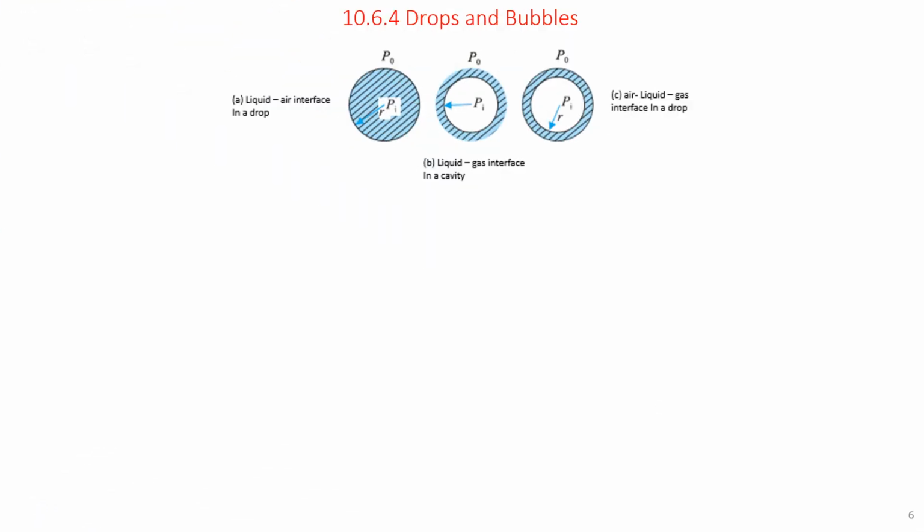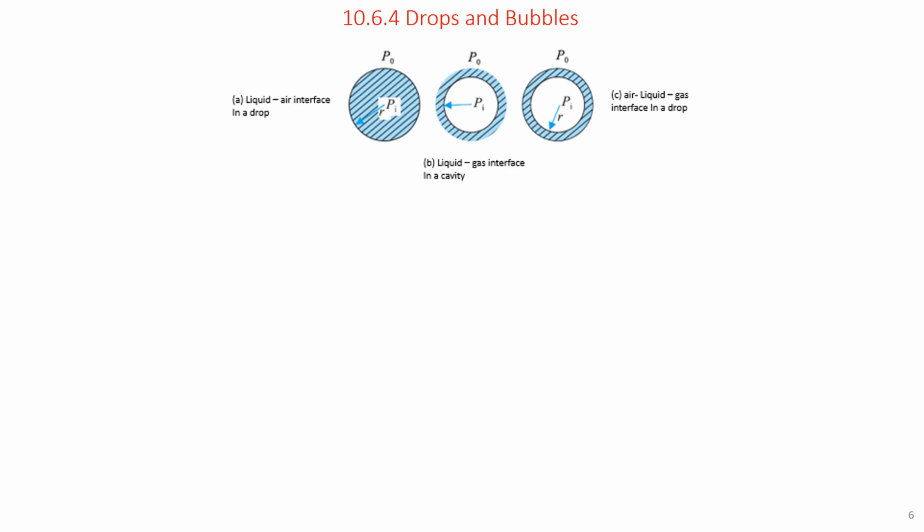Drops and bubbles. One consequence of surface tension is that free liquid drops and bubbles are spherical if the effects of gravity can be neglected. We have seen on several occasions a small drop form in a high-speed spray or a jet, and soap bubbles blown by children also form drops and bubbles.